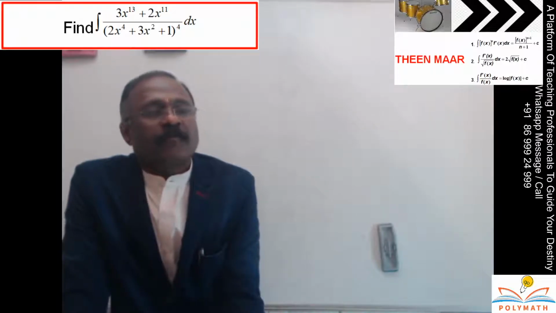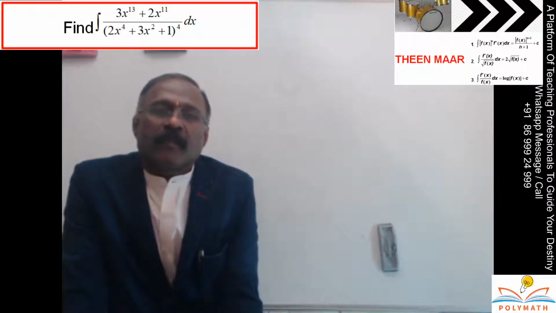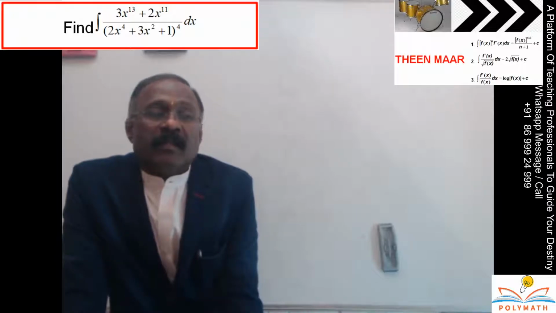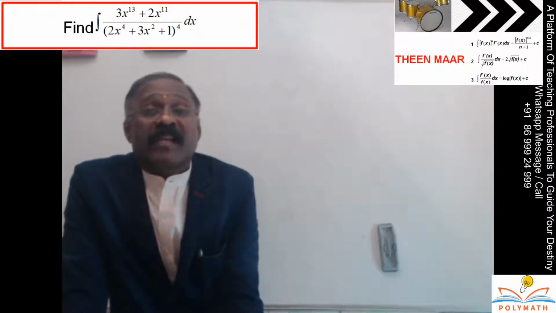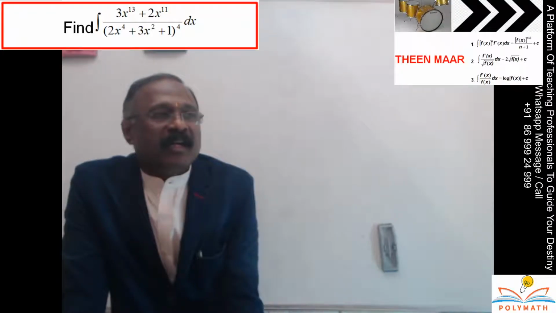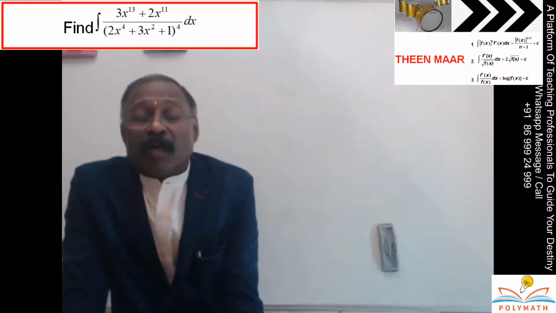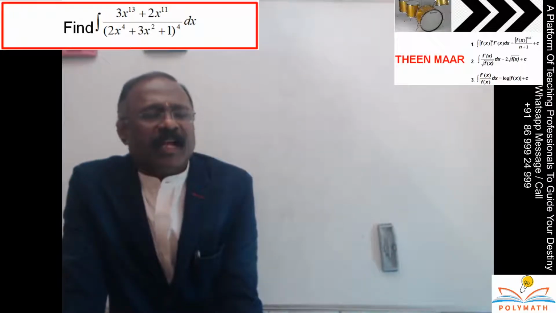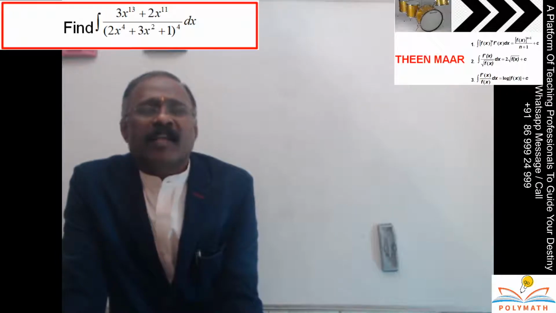If you take x power 4 common, you will get x power 16 out in the denominator. Then you send that x power 16 in the denominator to the numerator. Then what happens? You will get x power 13 by x power 16, which is 1 by x power 3. Similarly, 3 by x power 3, I am not taking the constant there, I am seeing only the variable.